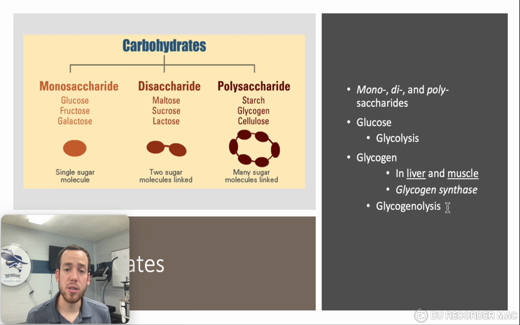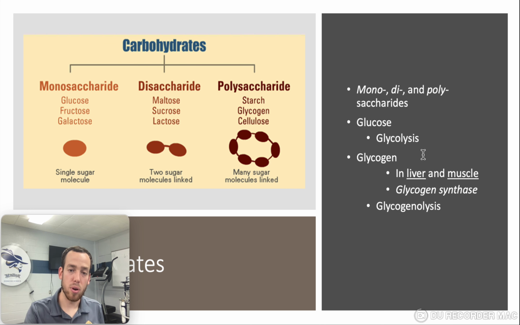So what happens from energetic standpoints is the breakdown of glucose is called glycolysis. Anytime you see the lysis, L-Y-S-E or I-S, anytime you see those in science, that means the breakdown of something. So glycolysis is the breakdown of glyc, which is glucose, right? So the breakdown of carbohydrates into a fuel source.